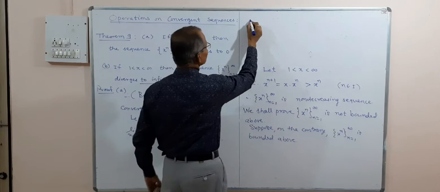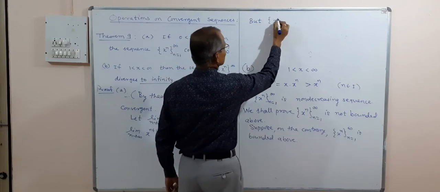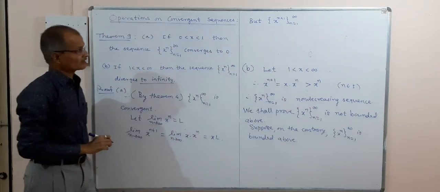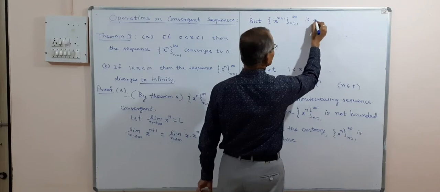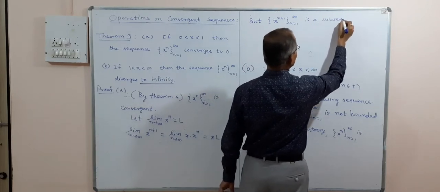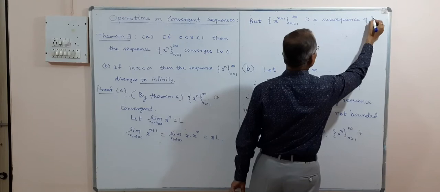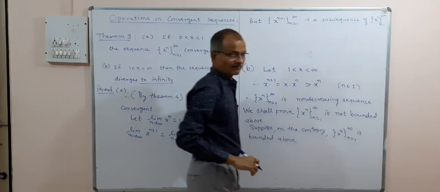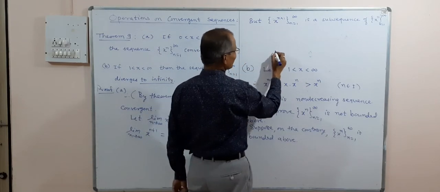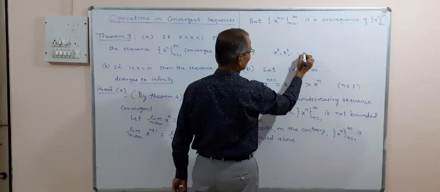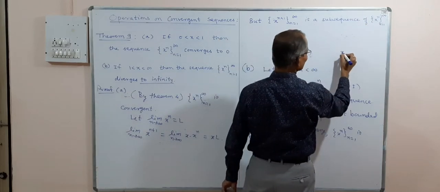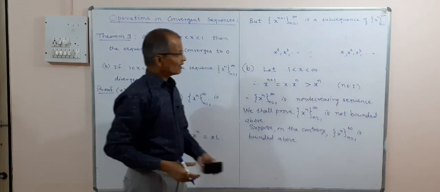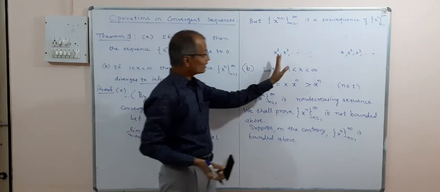This is the same reasoning as in part first. This is a subsequence of this one, because the terms of this sequence are x square, x cube, etc. And what are the terms of this sequence? It starts with x square, x cube, etc. Only one term is different, and therefore all the terms are there.